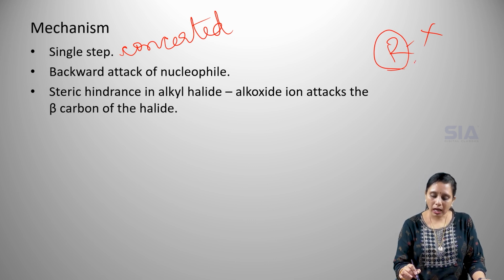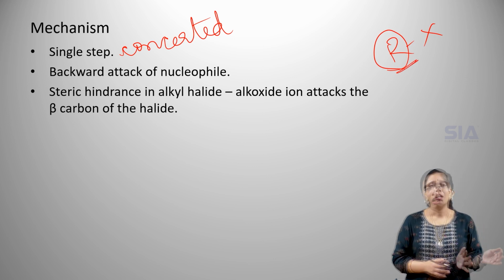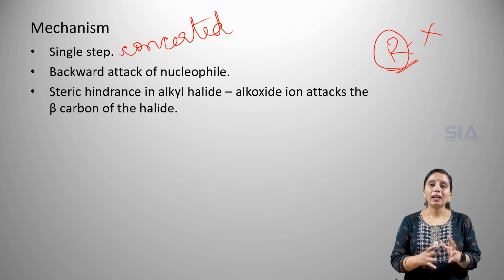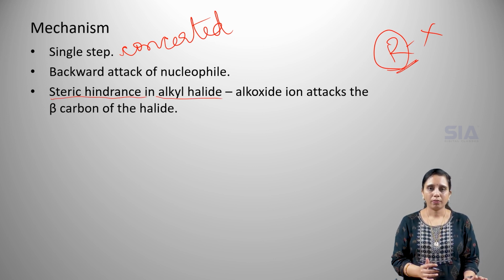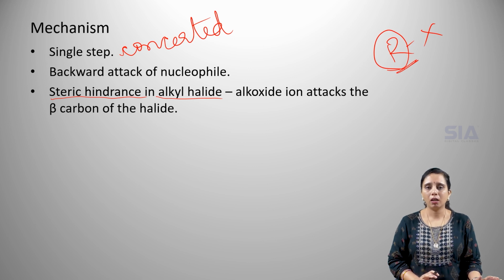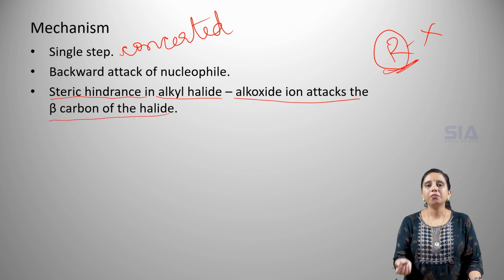But if the alkyl group is larger, like an isopropyl group or a butyl group, with a larger volume, there is steric hindrance, because the nucleophile cannot attack the alkyl halide easily due to the space occupied by the alkyl group. Then the alkoxide ion will attack the beta carbon instead of the alpha carbon.